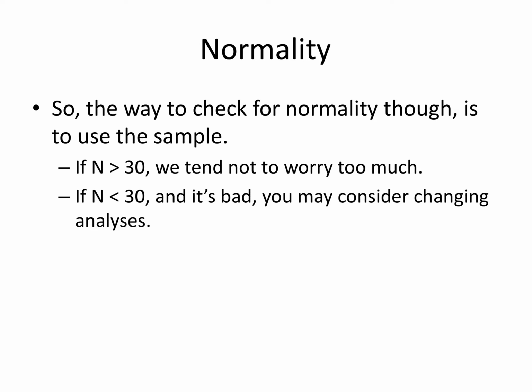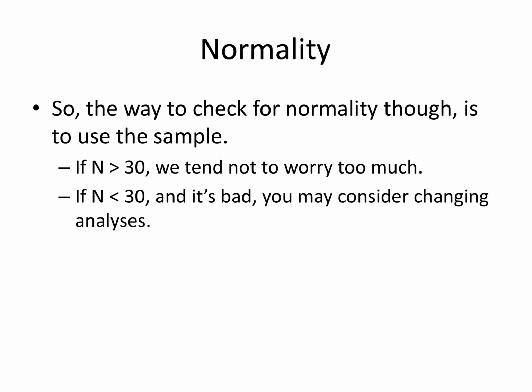What we're going to do is actually check the sample, because you can't really test the sampling distribution because it's this theoretical idea. If I have at least 30 people, you know, as long as the data doesn't look bad. If you have less than 30 people, you just gotta try harder, because 30 people almost never gives you enough power, which is a different subject altogether.